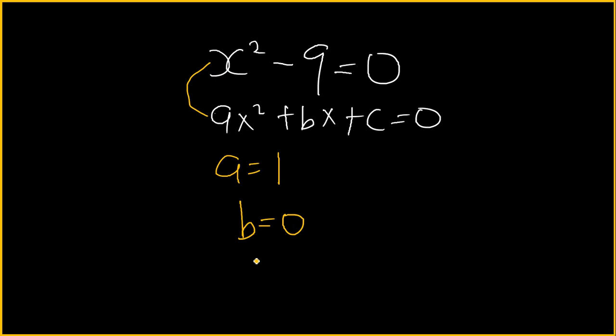And our c, which is the constant term, is negative 9. So this also obeys the general equation, since we have a, and a is never equal to 0 but rather 1, and it obeys the quadratic equation.